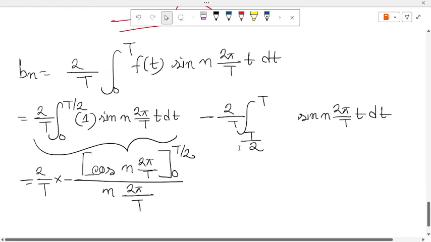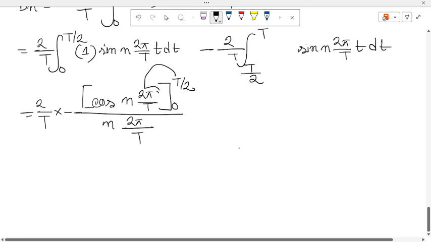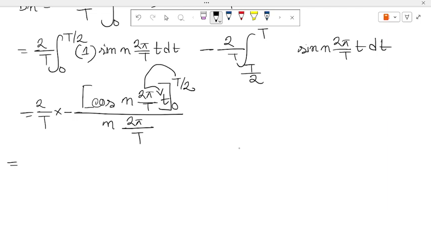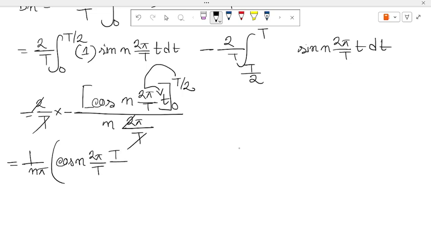Then I have to put the values here. First of all, 2 cancels out, then T cancels out. I have 1 by n pi, then cos n 2 pi by capital T, T by 2, minus, if I put 0 here I will have 1.